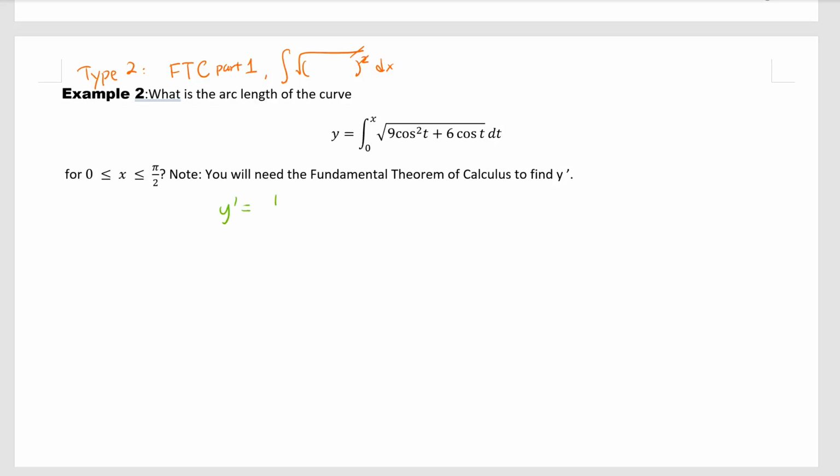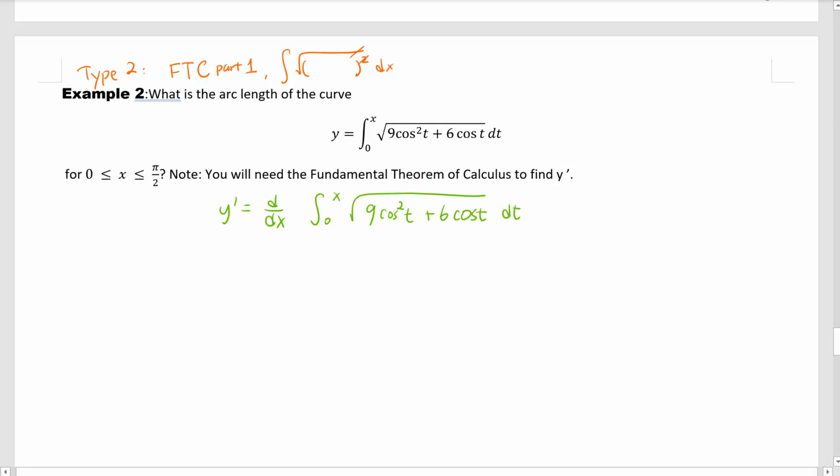So y prime is d/dx of the integral from 0 to x of the square root of 9 cosine squared t plus 6 cosine t, dt. Remember, there are two things we need to check. First, check whether the lower limit is a constant. Is it? Yes. Second, check whether the upper limit matches the dx in front of it. And yes.